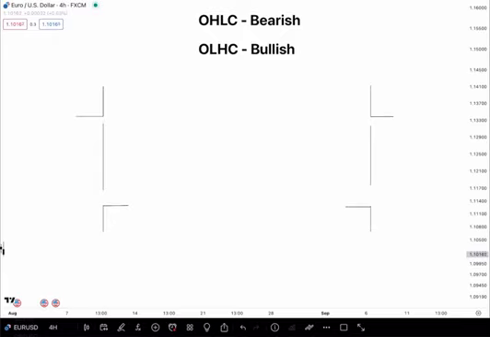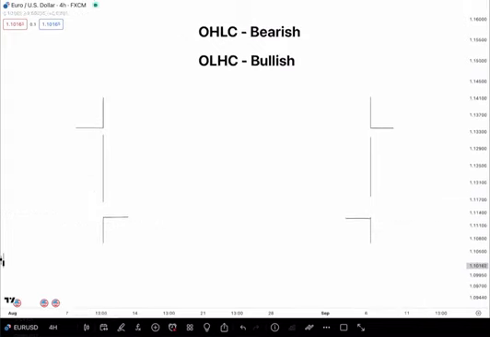This is how candlesticks are formed. This is not new information. Everyone knows this. What matters is, how do you use this to predict a certain candle or the other, right? That is what we are going to say.